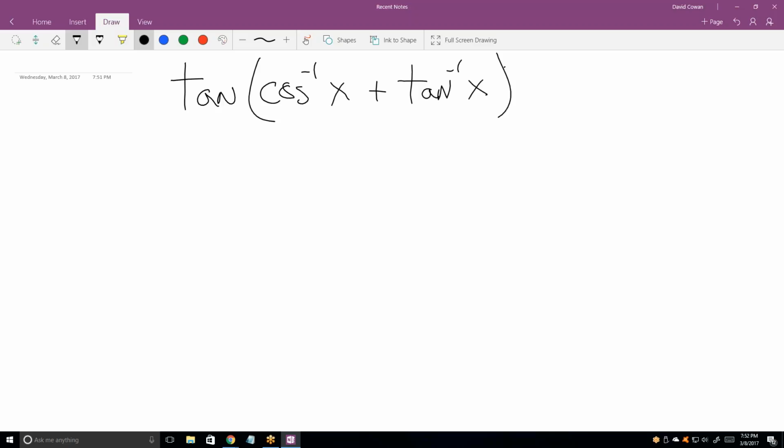Okay, tell me everything to do. First, label alpha and beta. Cosine alpha, tangent beta.